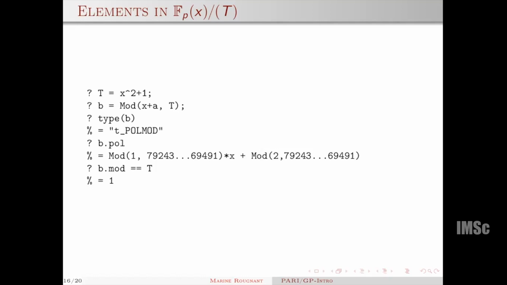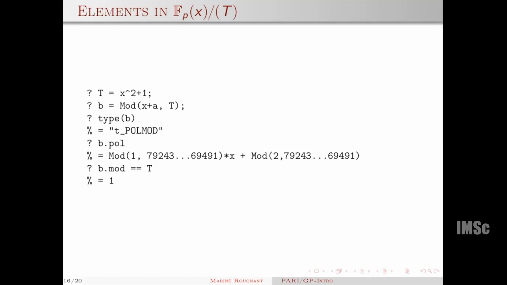This is what I will do here. So let's take t, this polynomial of degree 2, and have a look at b, which is x plus a mod t. Remember that a is 2 mod p. So finally, this thing is x plus 2 mod p, mod t.